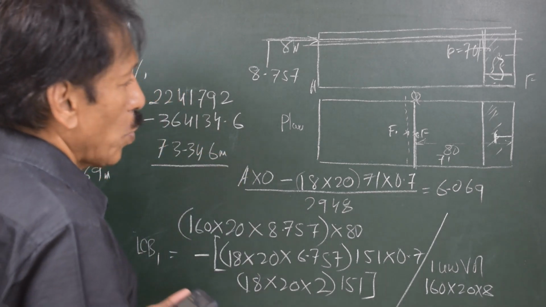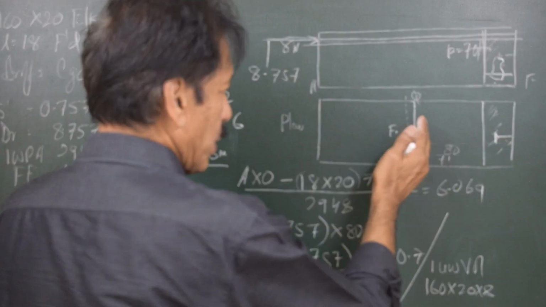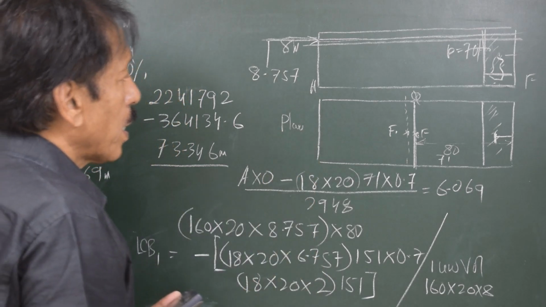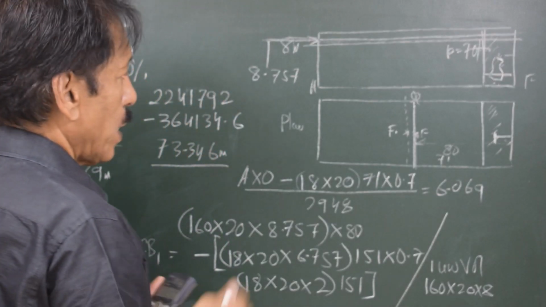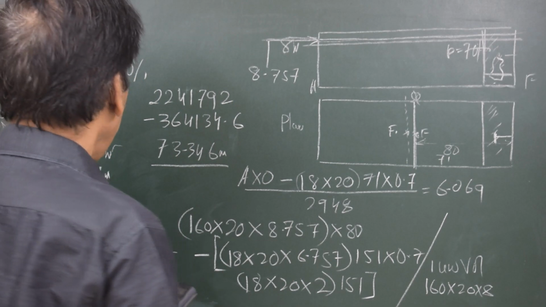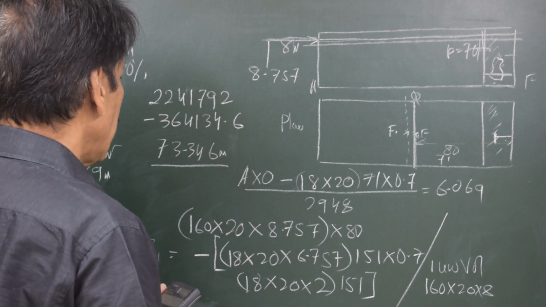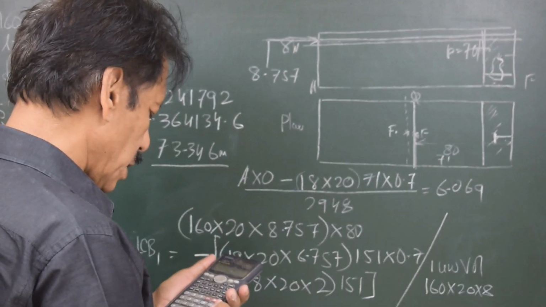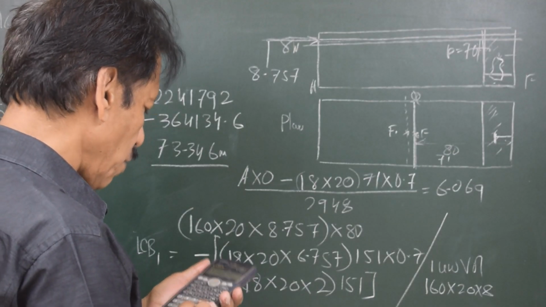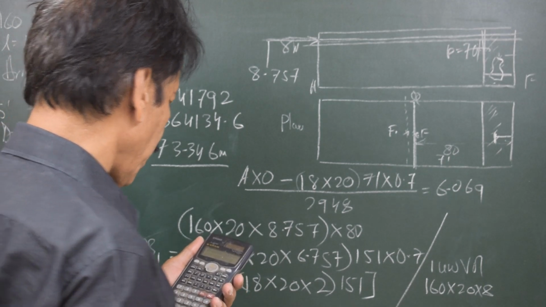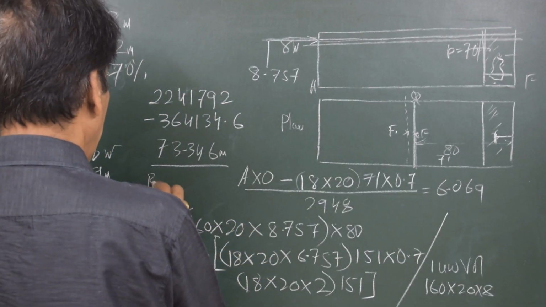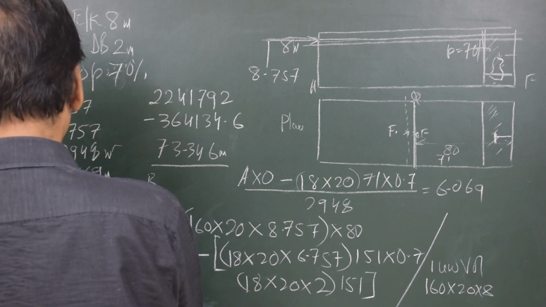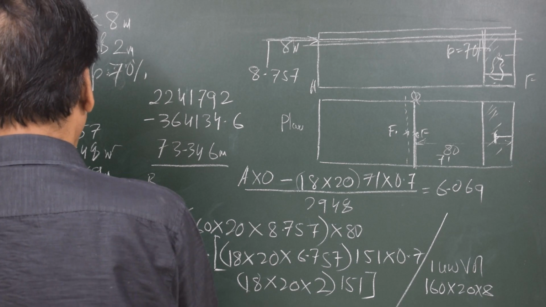So as you can see, the damage is forward, the center of flotation shifts off, center of buoyancy also shifts off. Now earlier LCB, that is before damage, the LCB was 80 meters, and now the LCB is 73.346, which means the shift of center of buoyancy is 6.654. BB1 is equal to 6.654 meters.